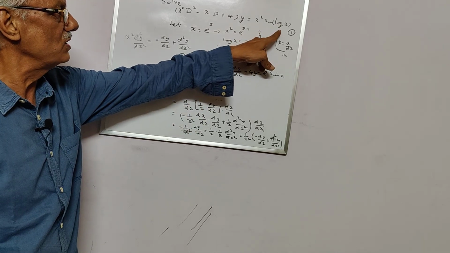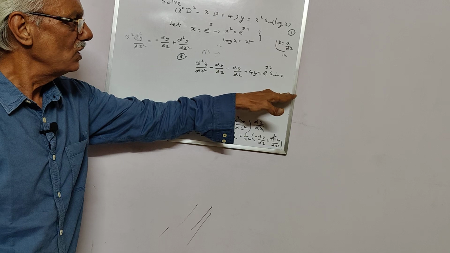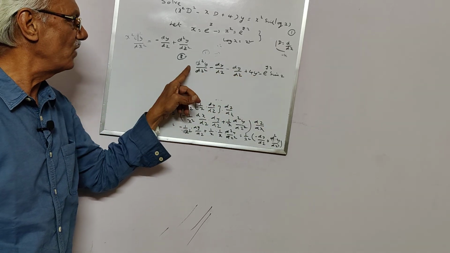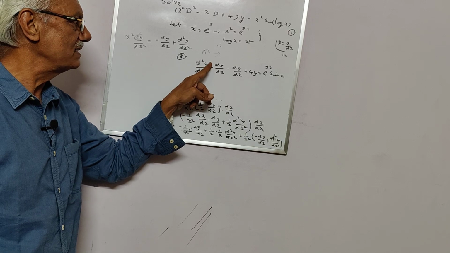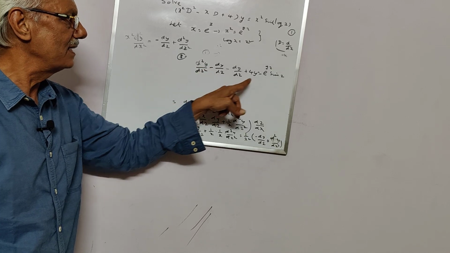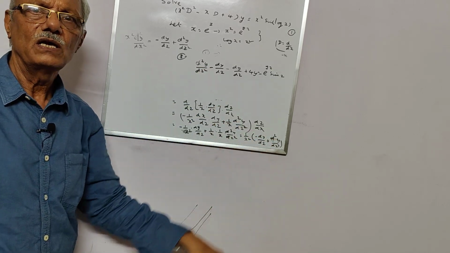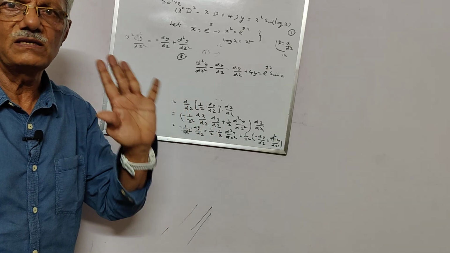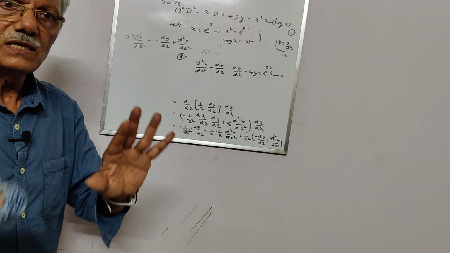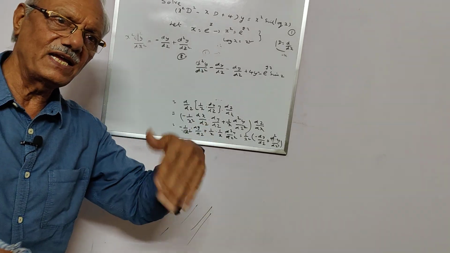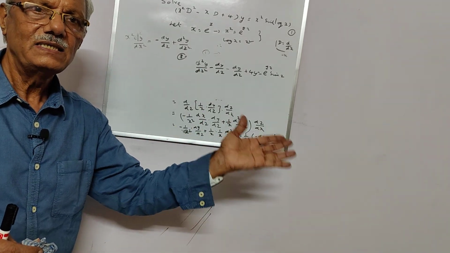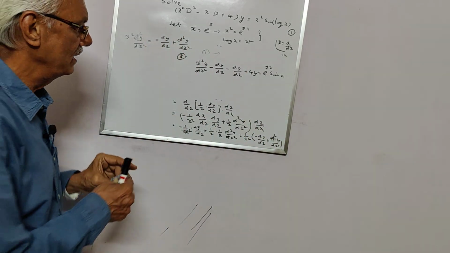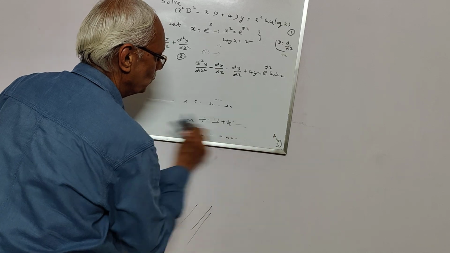Substitute the values so that you get the new transformed differential equation. You find that y is the dependent variable on z, and this is a differential equation with constant coefficients. It is now easy for us to solve. Let me solve this, and after getting the final result, change it back to the old variables. You will get the answer for that.